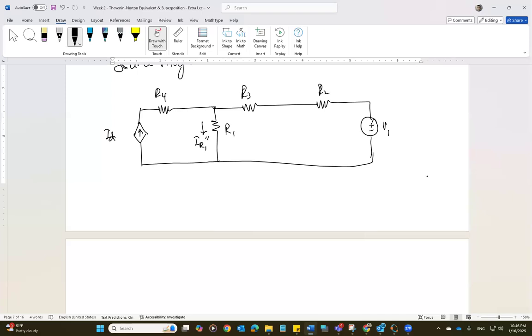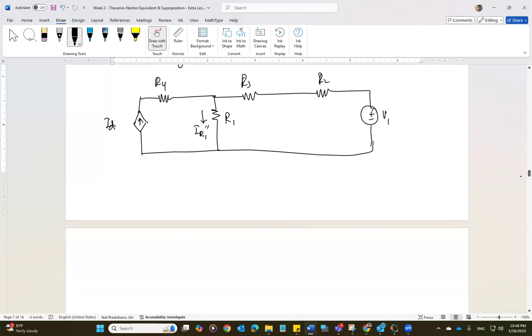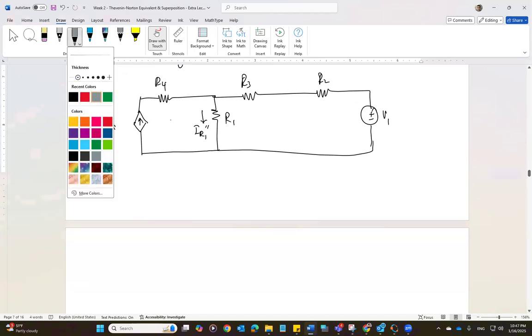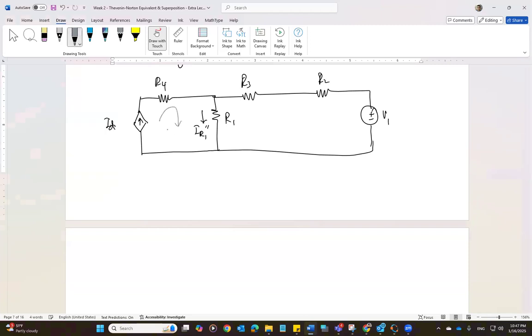Both are just going to give you one equation, doesn't really matter. Let's go ahead and apply the mesh analysis. So you have the current ID, and let's call this current I1.